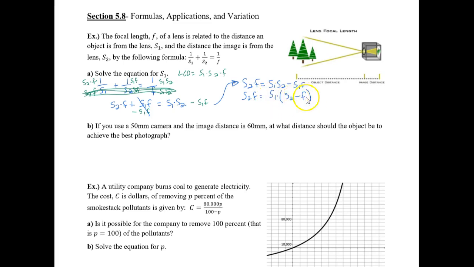So I have to get rid of this factor of S2 minus F. I'm going to divide both sides by S2 minus F. That whole quantity has to stay together. And now I have S1 alone. S1 equals S2 times F divided by the quantity S2 minus F.